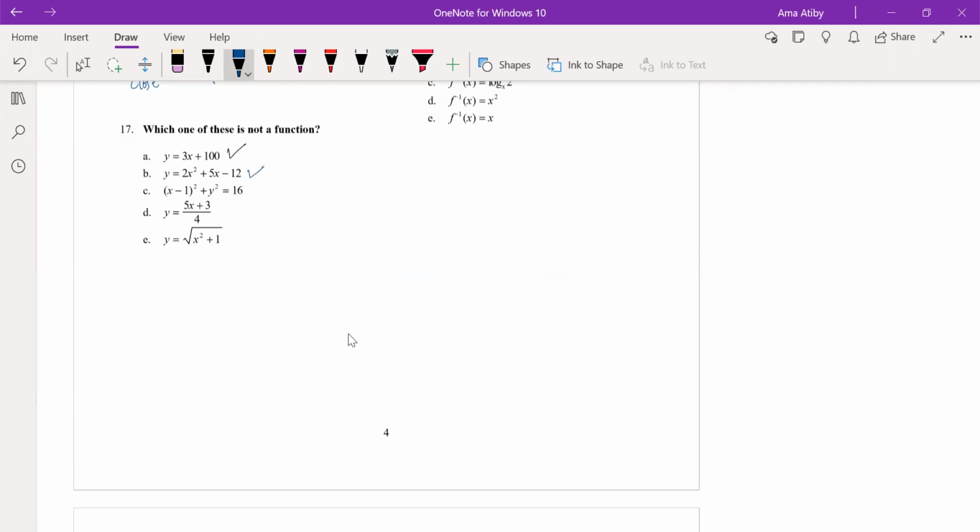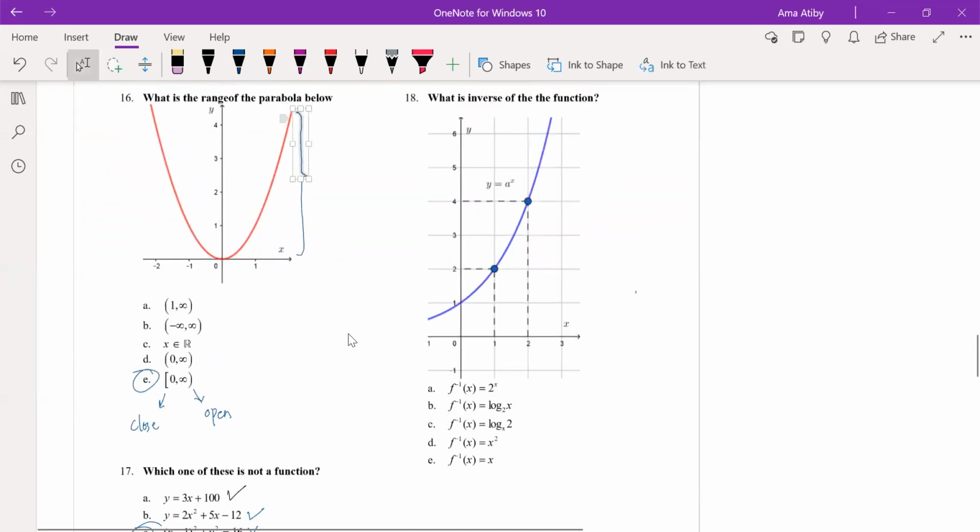See, this is not a function. And this one is linear as well, and this one is radical. So the correct answer is C. If you want to make sure, you can also put this into your calculator and see why it is not a function. Maybe you can use the vertical line test for functions.